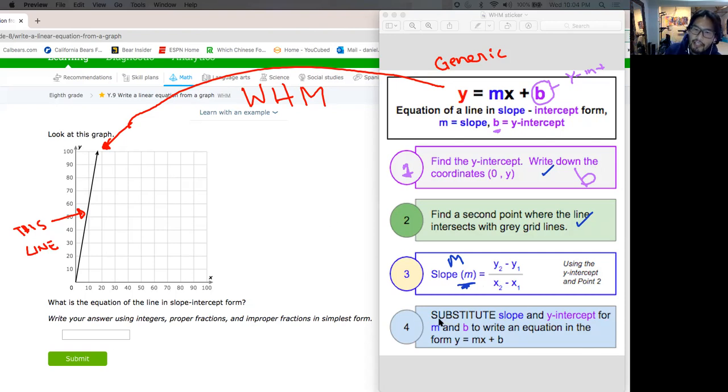You're going to substitute the actual numbers that you calculate for slope and y-intercept for the letters m and b in the equation, and you will have a specific equation in the same form, y equals mx plus b, but with real numbers, so that you have a specific equation that can only be matched to one line.